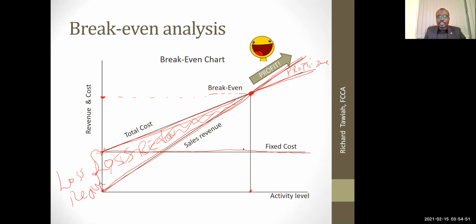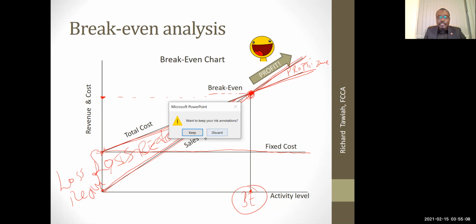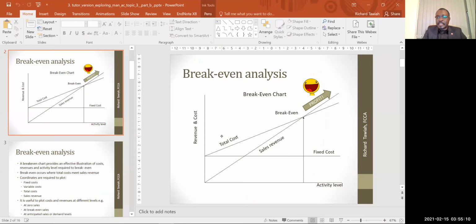The point at which the cost intersects with the revenue is where we break even. This is our break-even point. It is at this number of units that when we sell, we will not be making any profit, neither are we going to be making any losses.